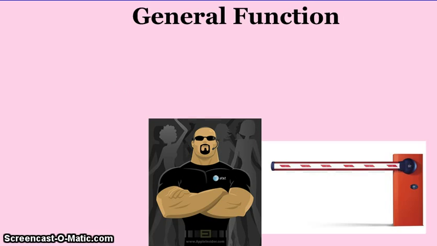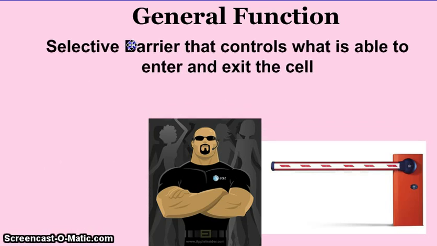First of all, let's begin by talking about the general function of the cell membrane. The cell membrane is a selective barrier. It controls what is able to enter and exit the cell.